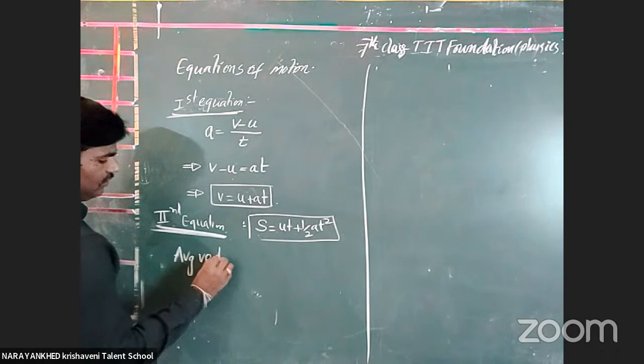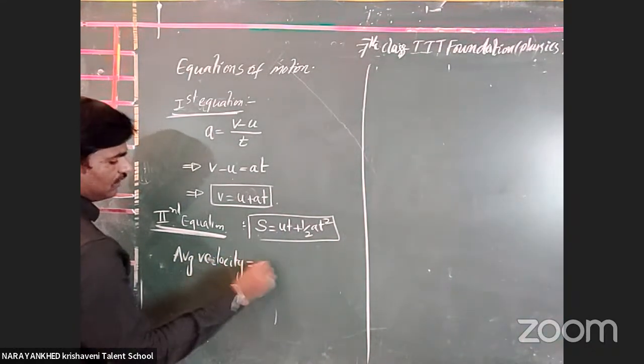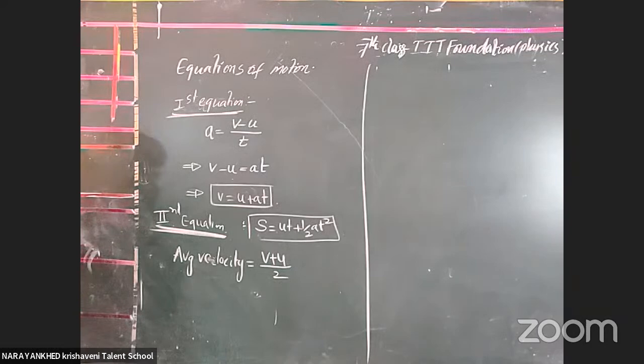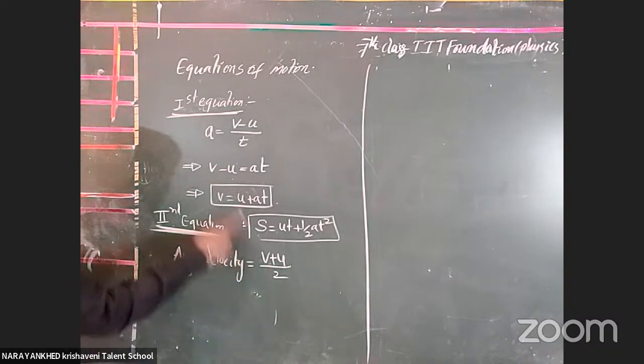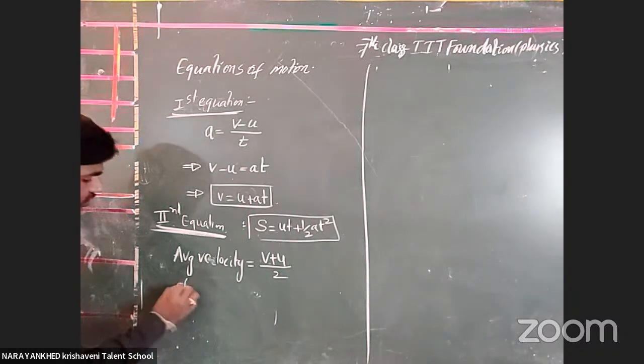Average velocity is equal to v plus u by 2. Here v is equal to u plus at, from the first equation.